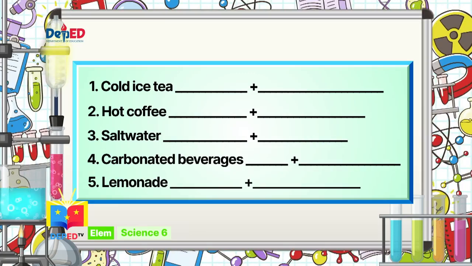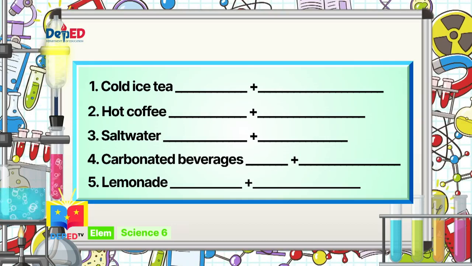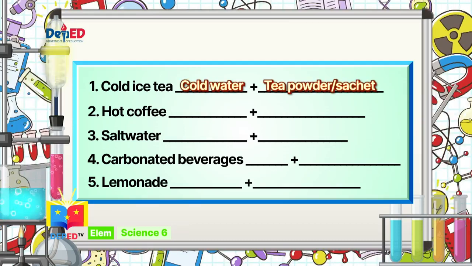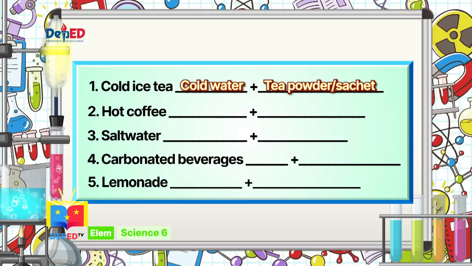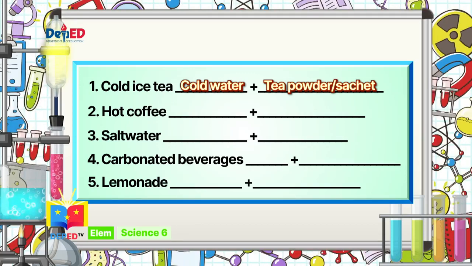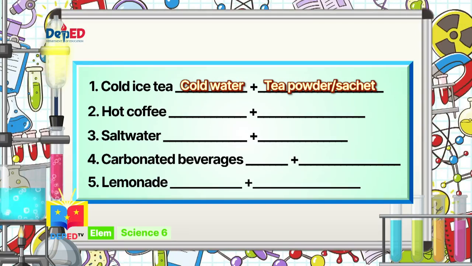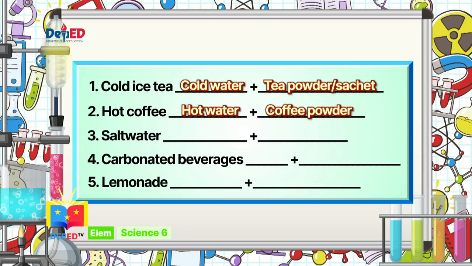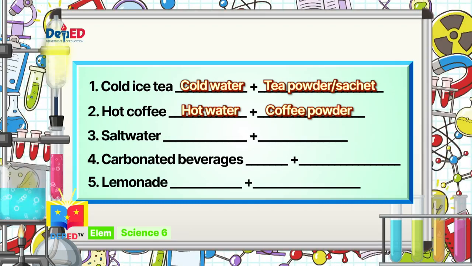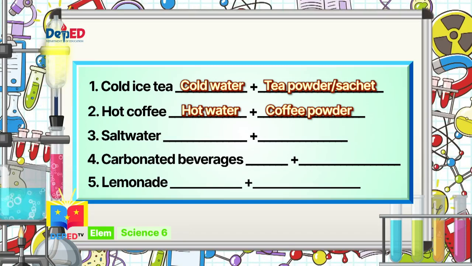Number 1. Cold iced tea. The correct answer is cold water plus tea powder or tea sachet. Number 2. Hot coffee. The correct answer is hot water plus coffee powder. Number 3. Salt water.